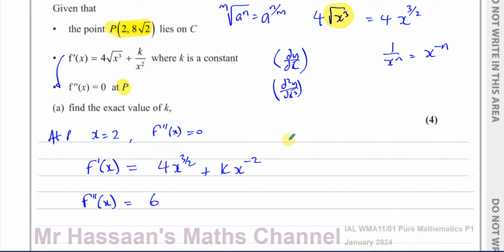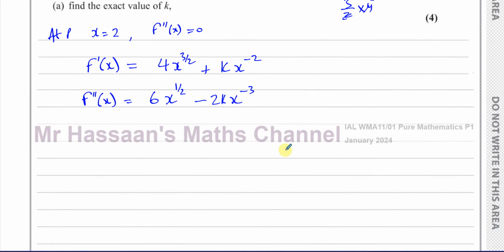Take 1 from the power: 3 over 2 minus 2 over 2 is a half. And then minus 2 times k, minus 2k, x to the power of, take 1 from the power, negative 3. Be careful there, a lot of people put it as a minus 1 by mistake. No, it's negative 3. Take 1 away from minus 2, gives you negative 3.